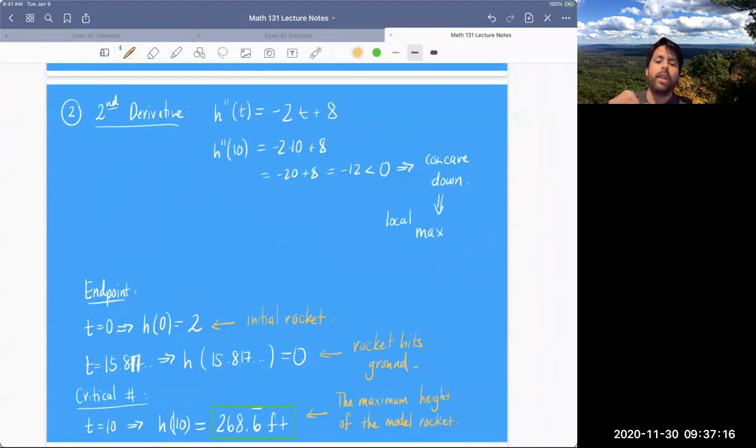So we're trying to figure out what is the maximum that a phenomenon attains, what is the minimum that a certain phenomenon attains. And this idea of optimization occurs in almost every facet of our lives nowadays. Make sense?